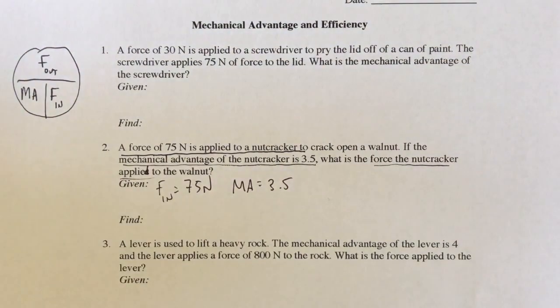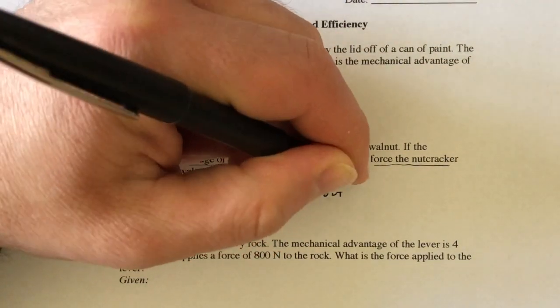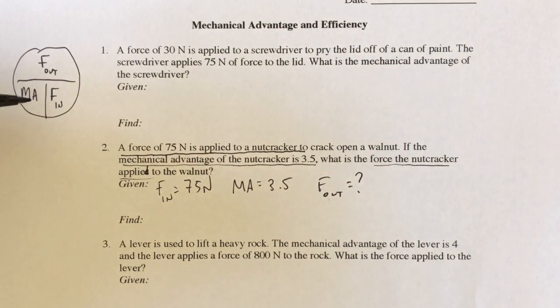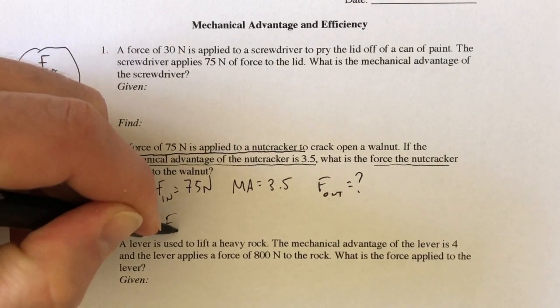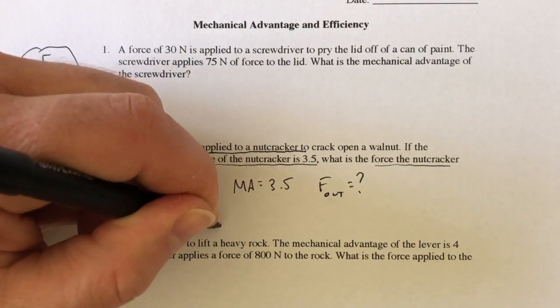All right, so the nutcracker is applying the output force, and that's what we're looking for. So if I look up here at my equation, I have MA, I have my input force, and I want to find the output force. So F out equals MA times F in.